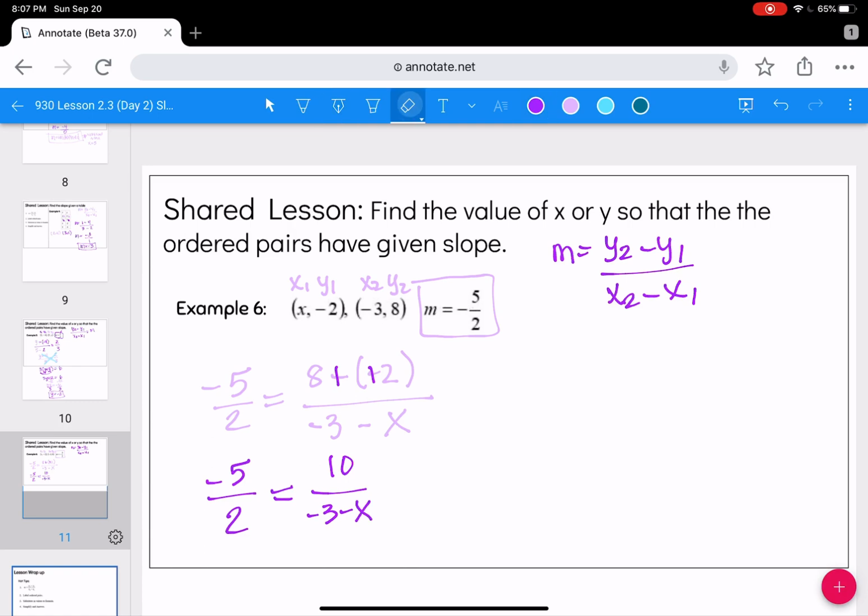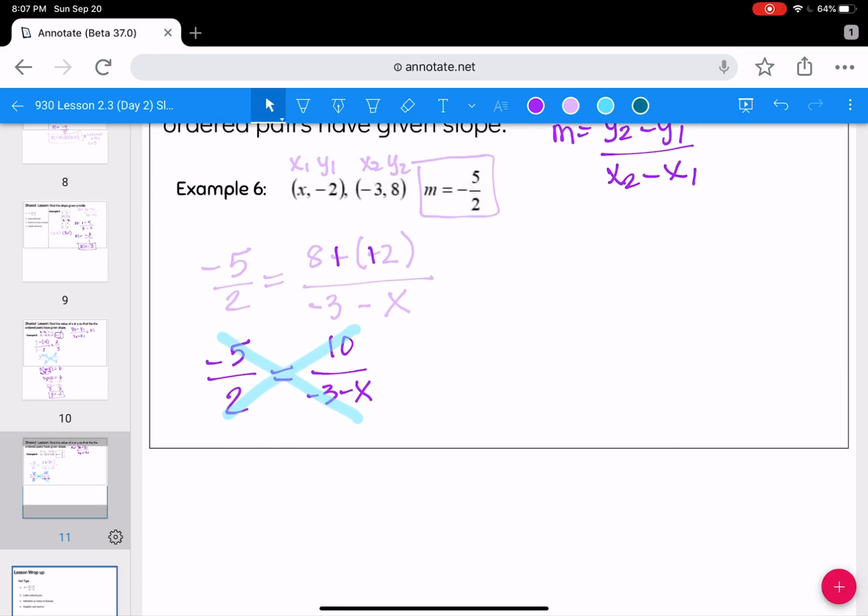Now I have a fraction equal to a fraction, so we are going to cross multiply to solve here. When we cross multiply, we have negative 5 times negative 3 minus x is equal to 2 times 10. I need to distribute that negative 5 to what's inside the parentheses. So negative 5 times negative 3 is a positive 15.